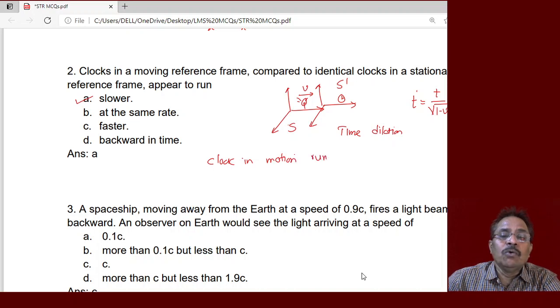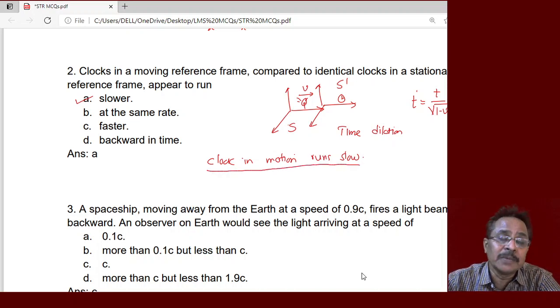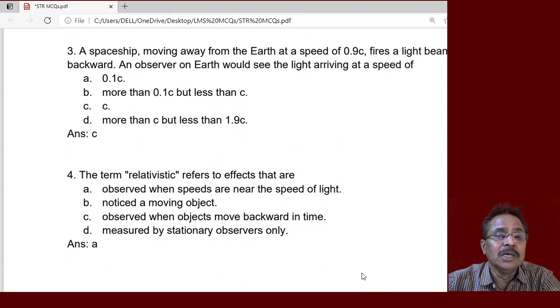Based upon this, several different types of questions can be framed or designed, and we should know this important fact all the time. Whenever there is a clock in motion, that clock runs slow, it measures time slowly, and this particular effect is called time dilation.